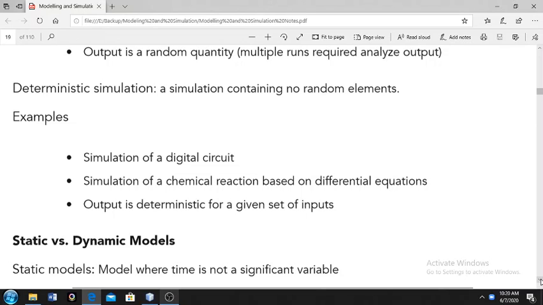If you have the circuit in front of you, you just simulate it. So there are no factors that can really affect your simulation. But with stochastic simulation, there are many factors which can affect.